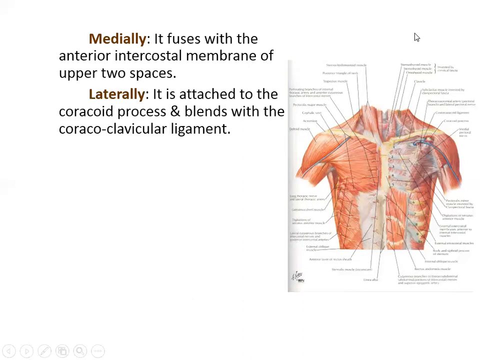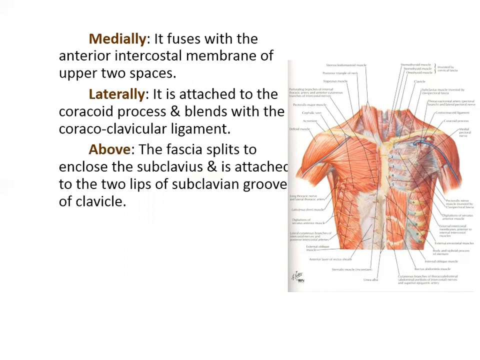Laterally, it goes toward the shoulder, is attached to the coracoid process, and blends with the coracoclavicular ligament. Above, the fascia splits to enclose the subclavius. As we saw, it goes above and splits into two layers, anterior and posterior, and covers the subclavius muscle, as we saw in the previous picture.